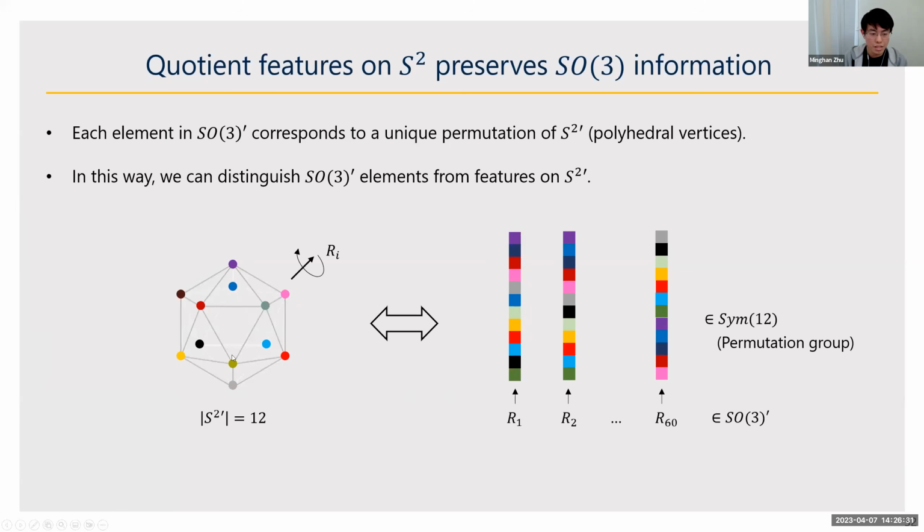Every rotation of the polyhedron will result in a different permutation of the vector. Therefore, all the 60 rotations will result in 60 different permutations of the 12 vertices. So even though our feature map is only of 12 elements, they can represent 60 rotations by taking the permutations of them.